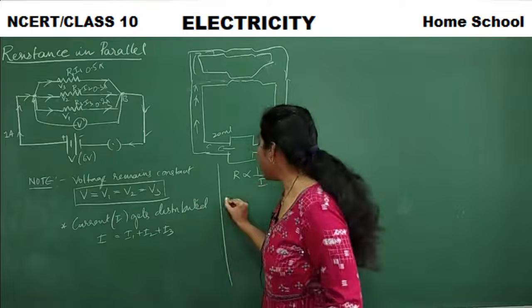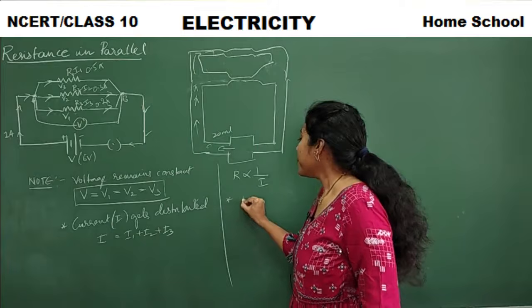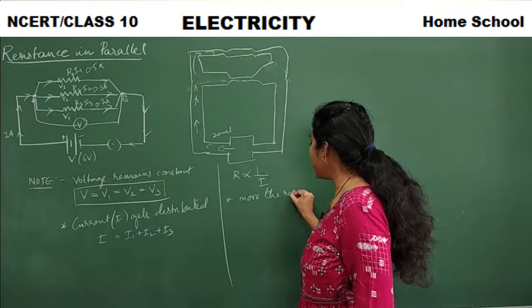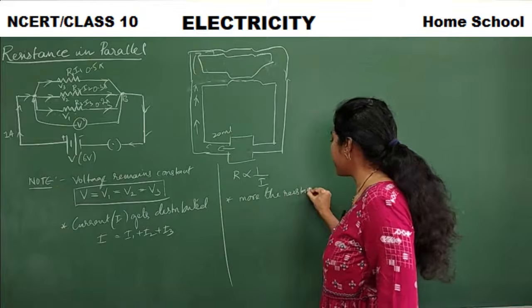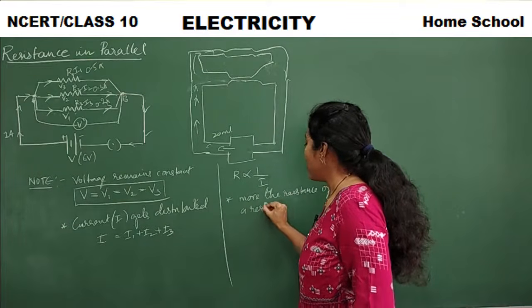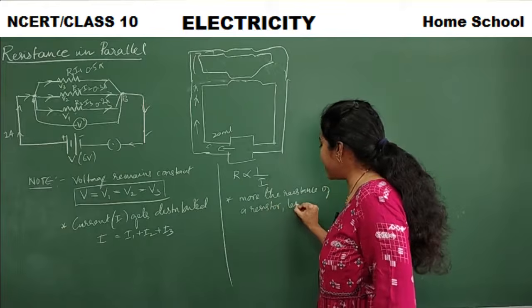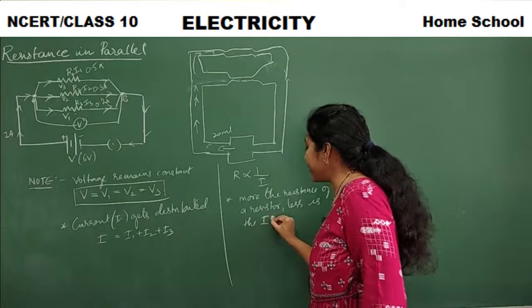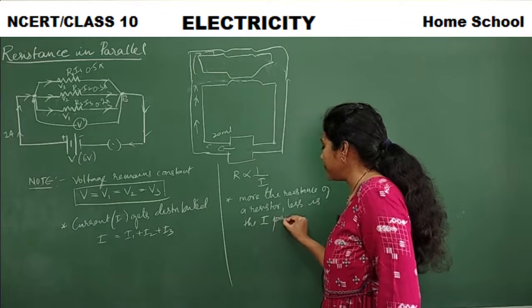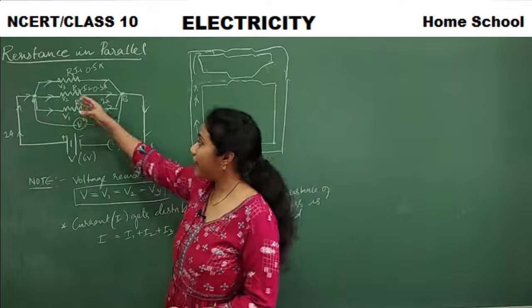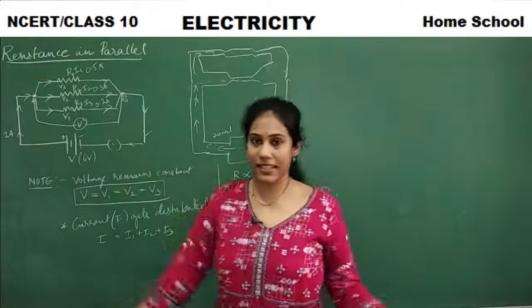So what you can write here is, more the resistance of a resistor, less is the current, that is I, passed. Clear? So this is how current gets distributed across the three resistors.